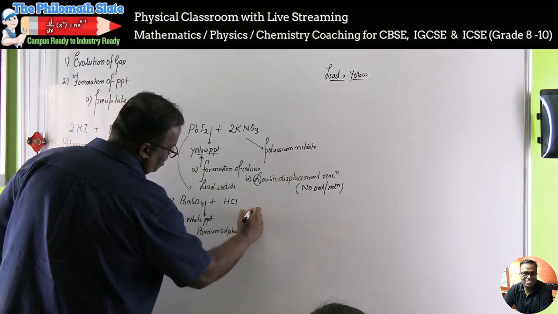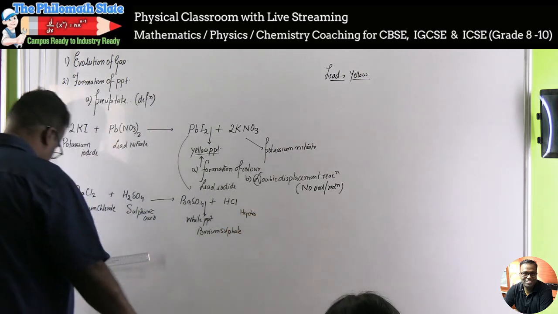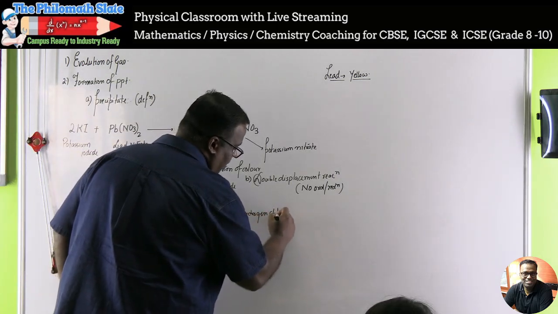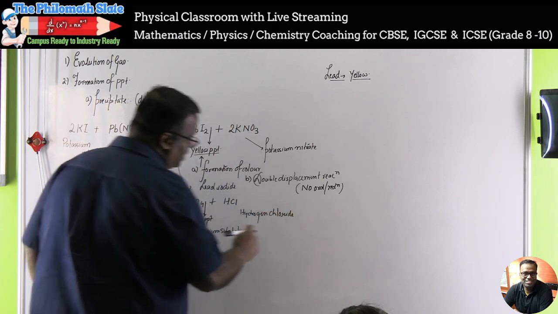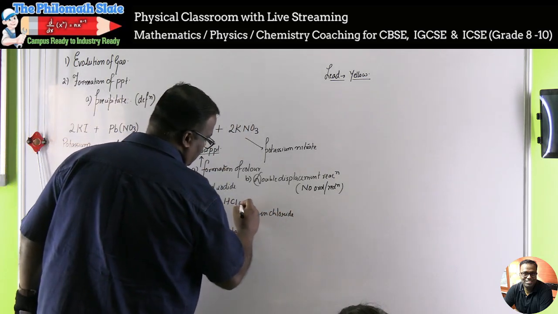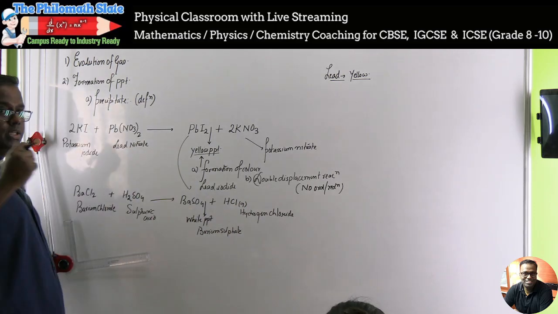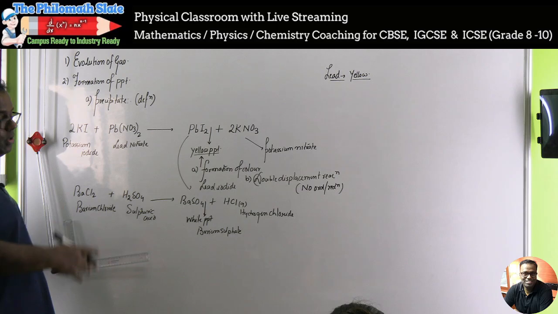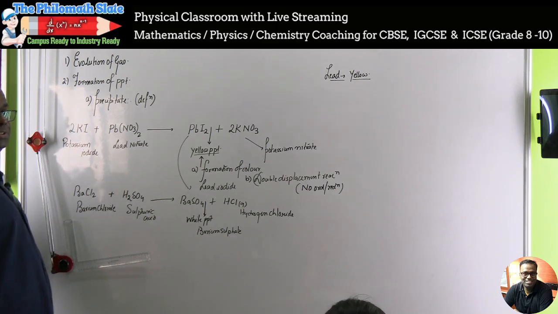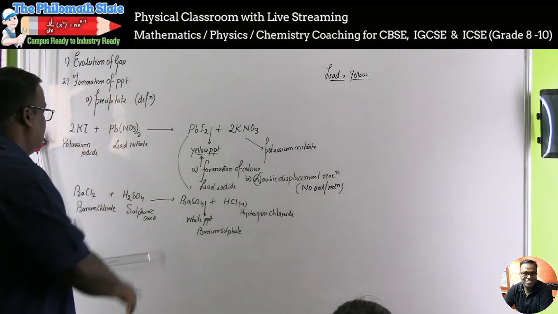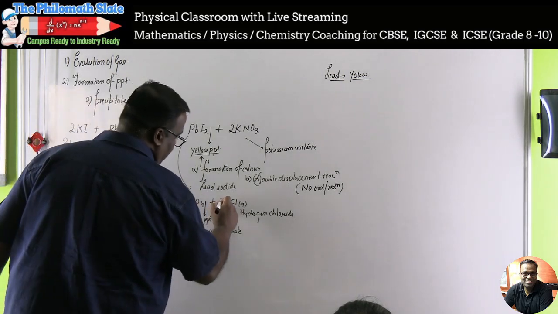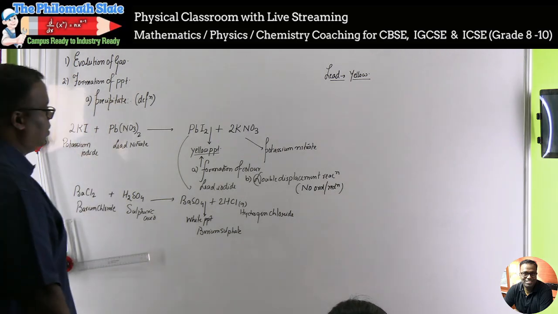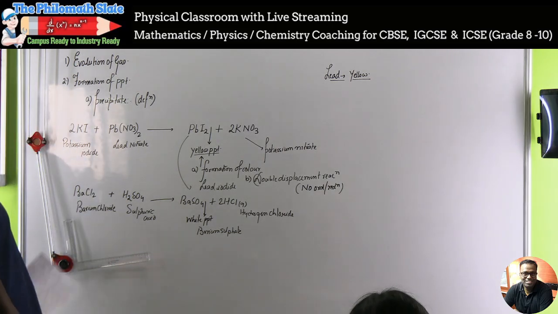And this is hydrogen chloride. Hydrogen chloride is a gas, and hydrogen chloride is an acid also. If we write aqueous, it is an acid, so you can qualify this under evolution of gas as well. Let's see, 2 hydrogen and 2 chlorine, so it should be 2 HCl. So it also qualifies for evolution of gas. Hydrogen chloride is a gas.